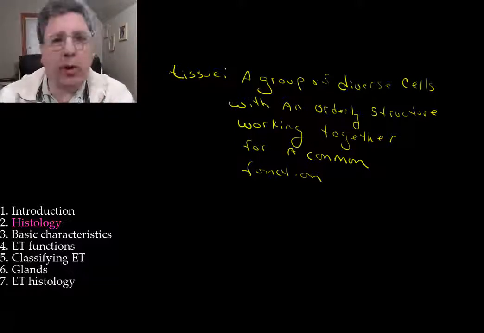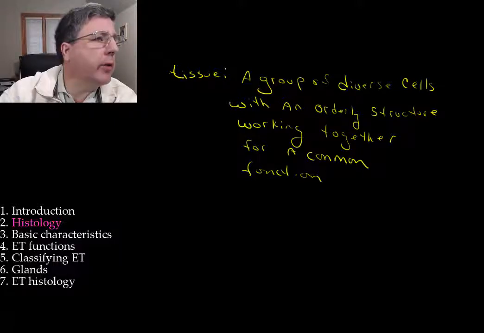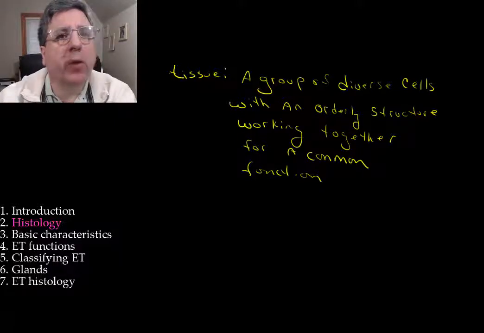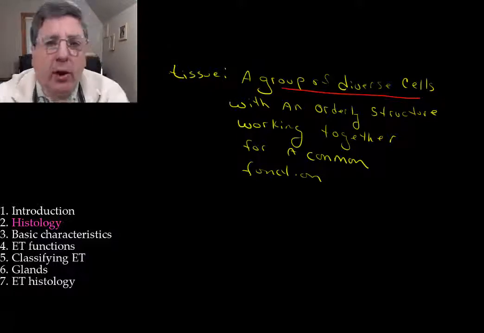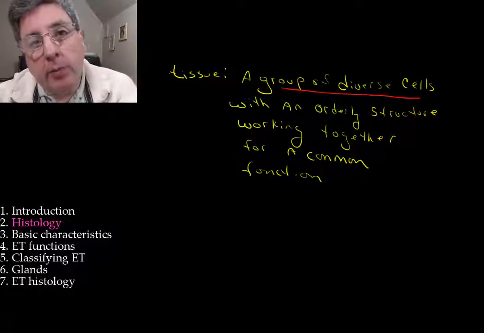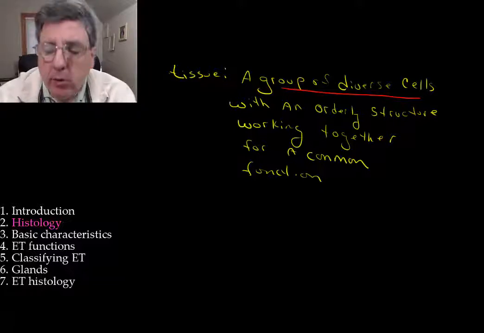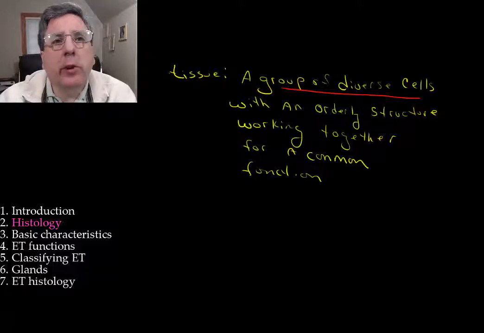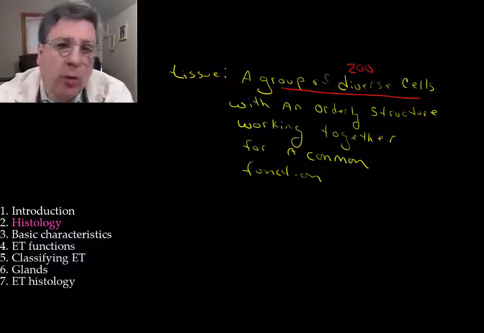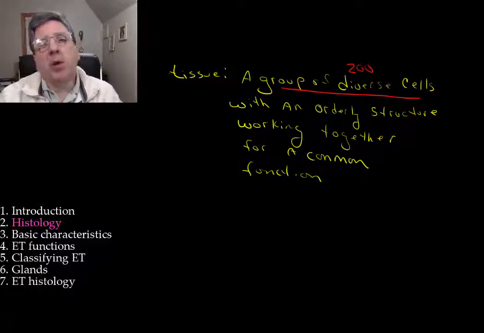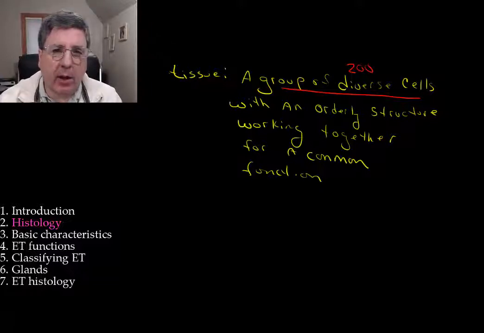So let's break this down and look at the different components of this. So let's look at this first part. We have a group of diverse cells. In order to have a tissue, you have to have more than one cell type. And in the human body, there are approximately 200 different cell types. That seems like quite a few, although some resources that you may reference will show a greater number than that, though I suspect it's more likely that they are breaking down cells into subcategories.